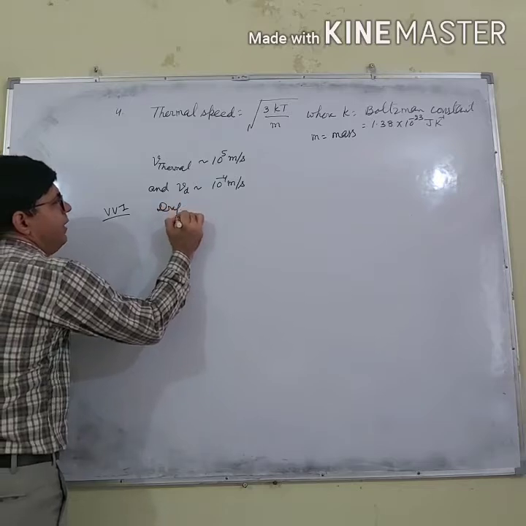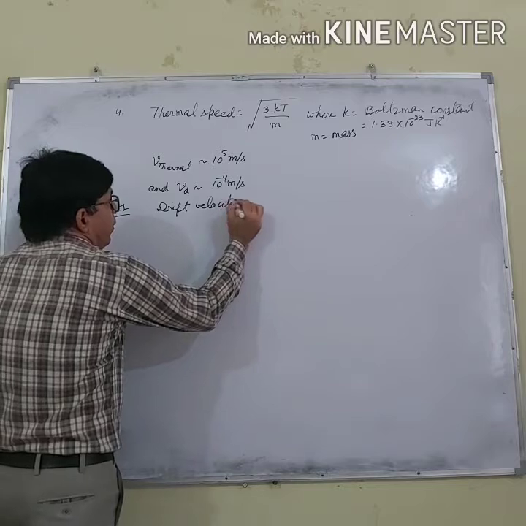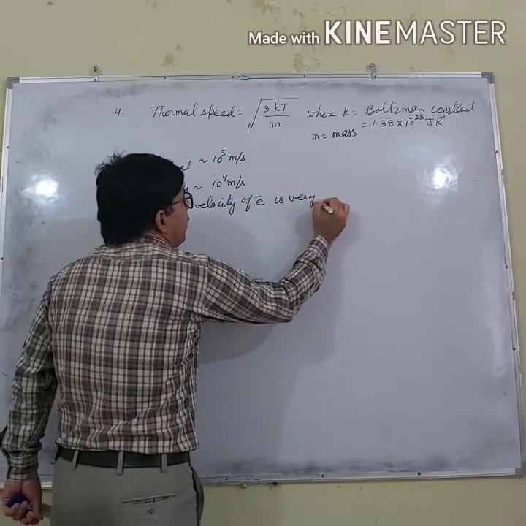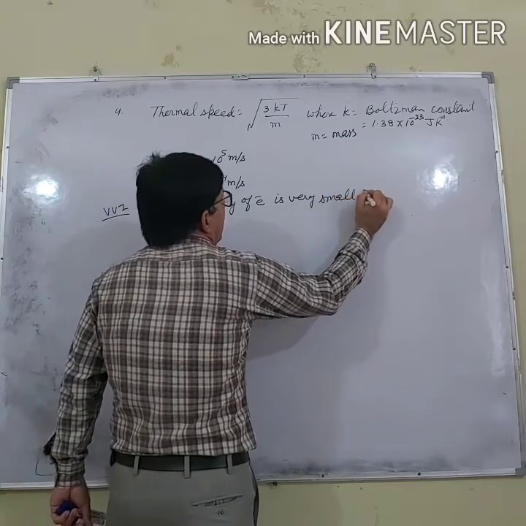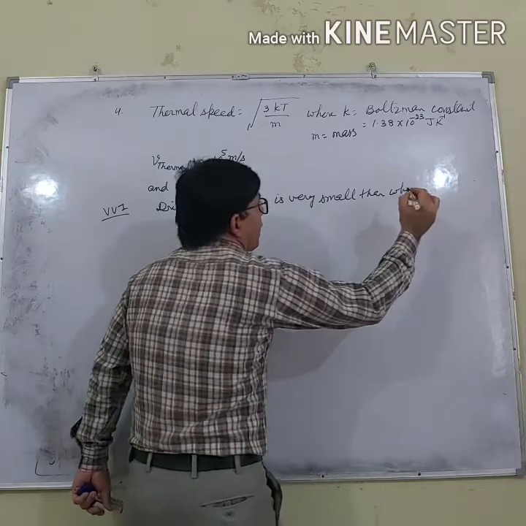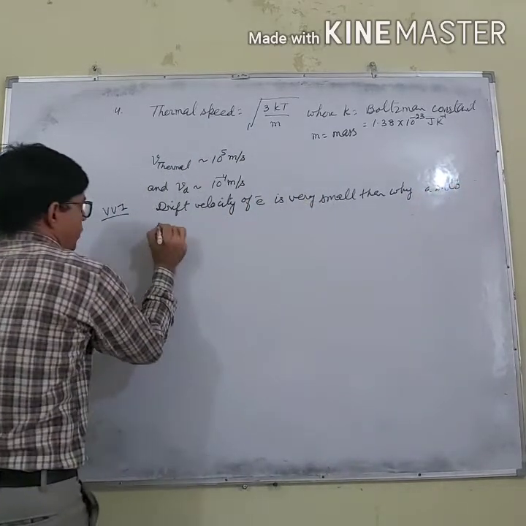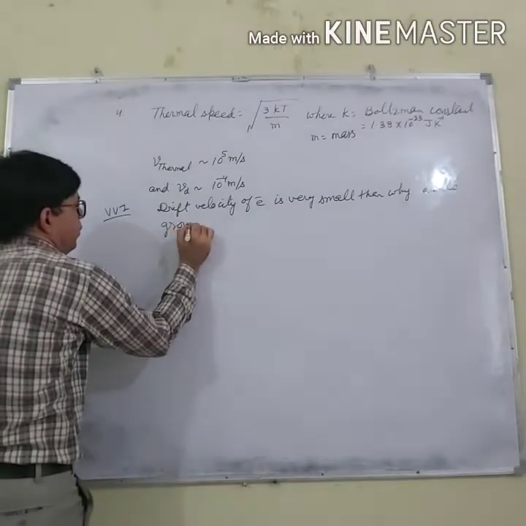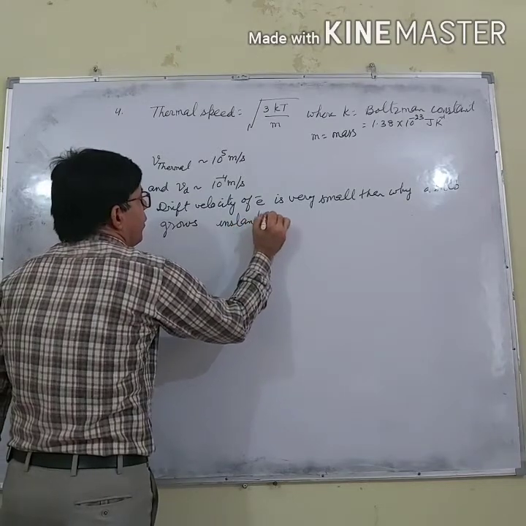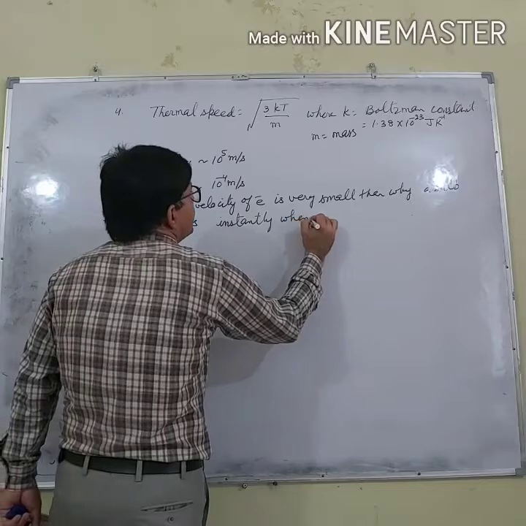Drift velocity of electrons is very small, then why does a bulb glow instantly when switched on?